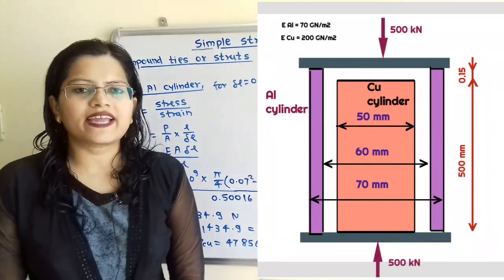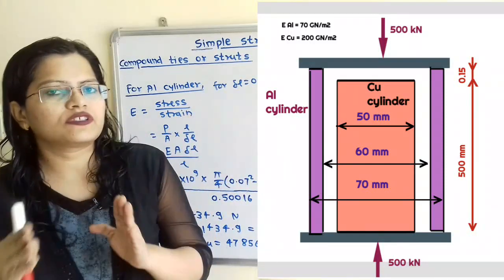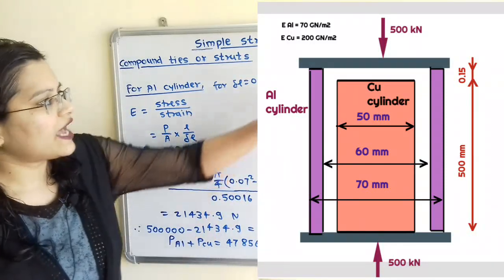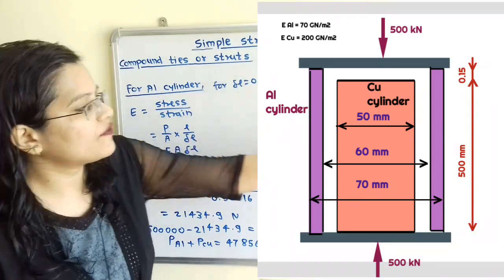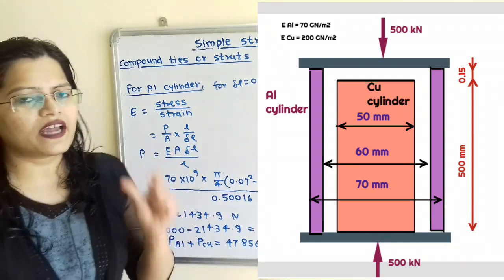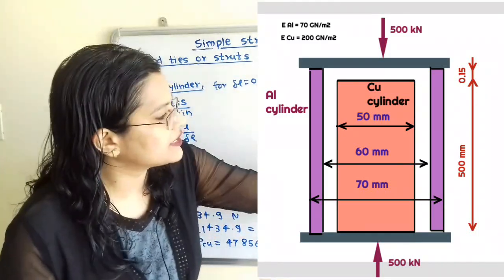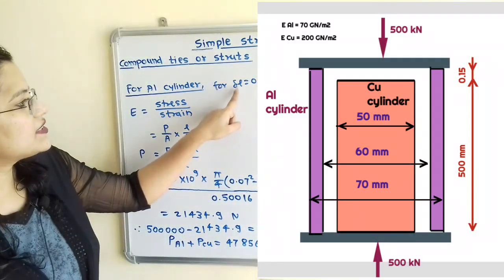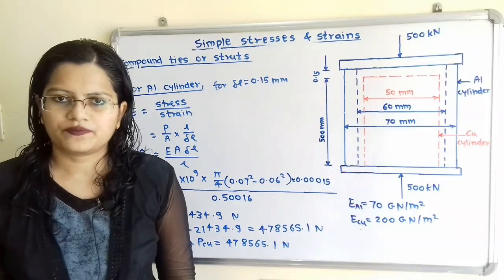So we can apply these two rules for compound ties or struts when the aluminum cylinder is compressed up to the length of the copper cylinder. We first have to find the load required to compress the aluminum cylinder, for which delta L is equal to 0.15 mm.